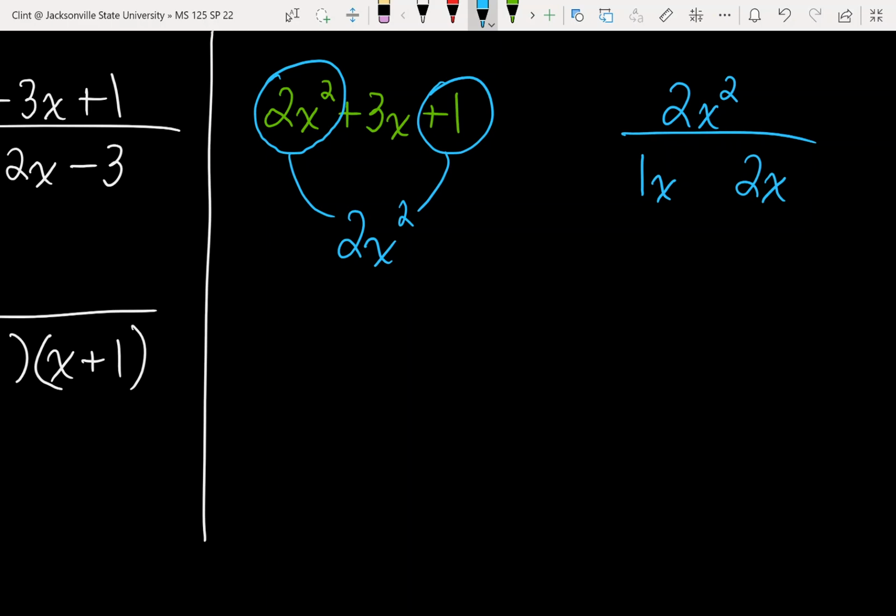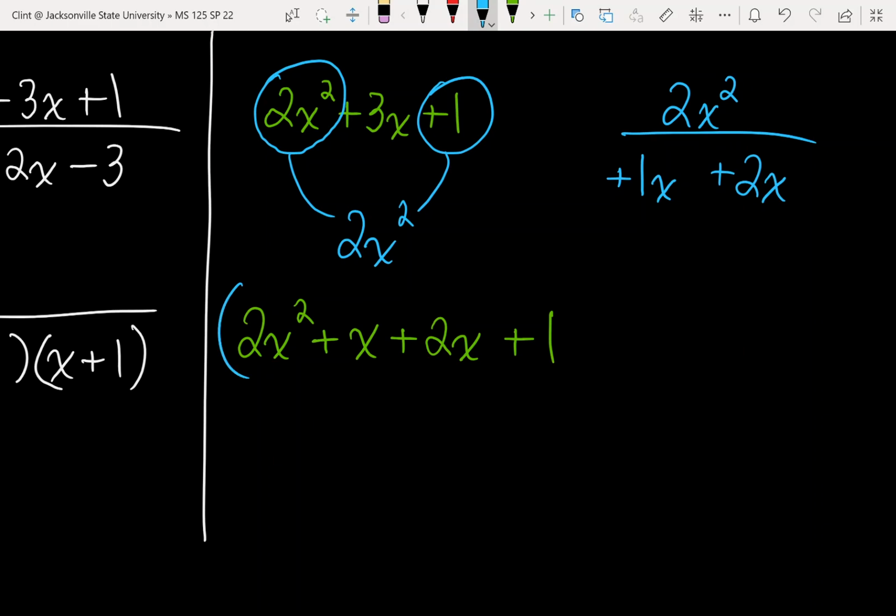That's usually the harder part, finding those. What I do, and this is where it goes different for a lot of people, is rewrite the middle. Instead of writing it as plus 3x, I write it as my two new terms, so plus 1x plus 2x plus 1.